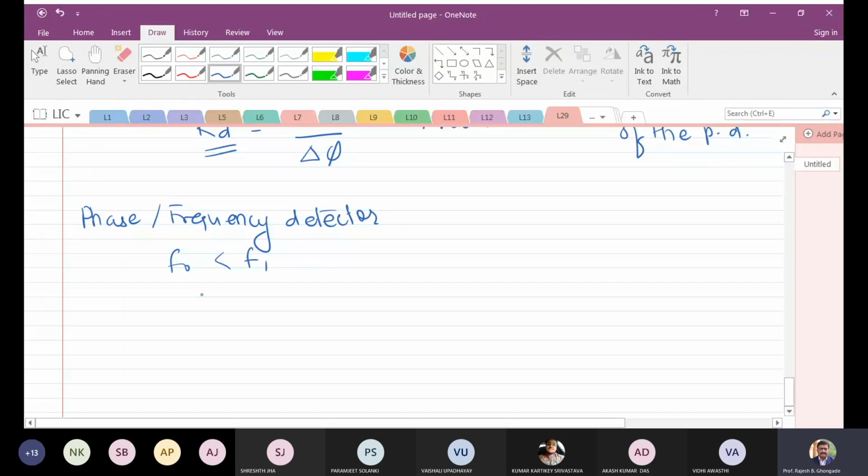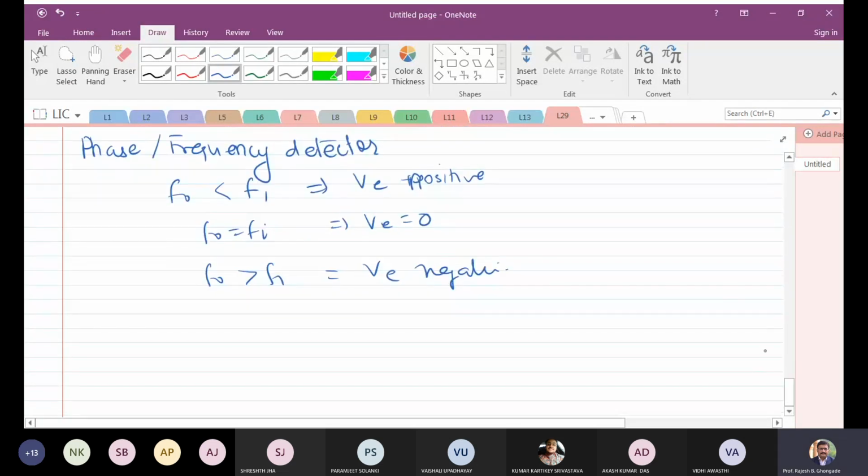If FO is equal to FI, the error voltage is 0. And when FO is greater than FI, your error voltage is negative. This is positive. So they are interchangeably called phase or frequency detectors.